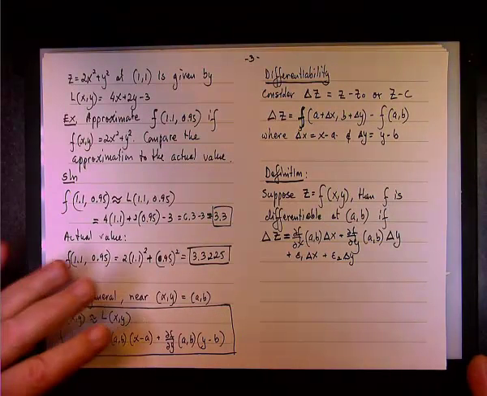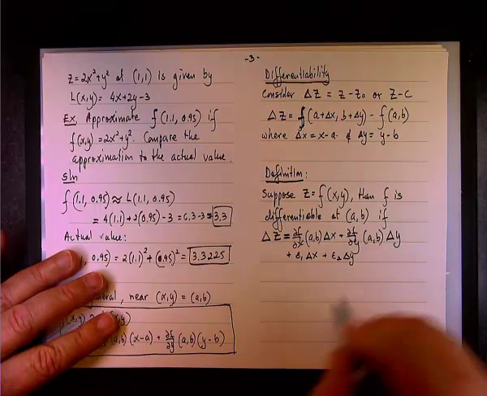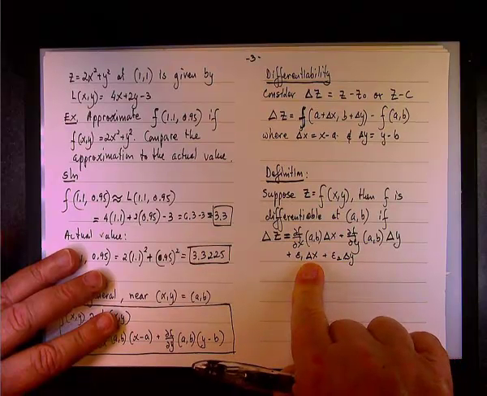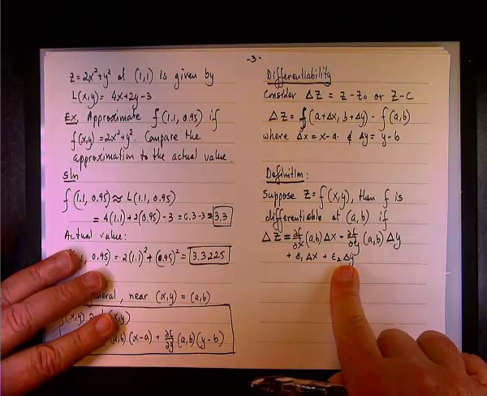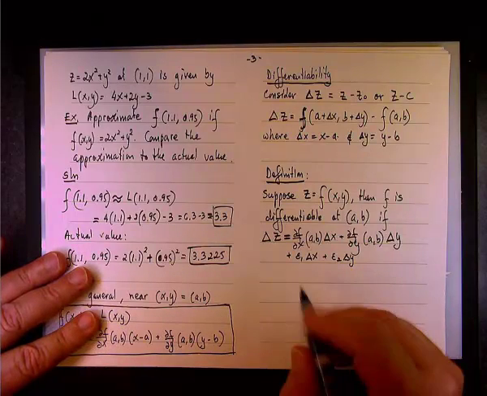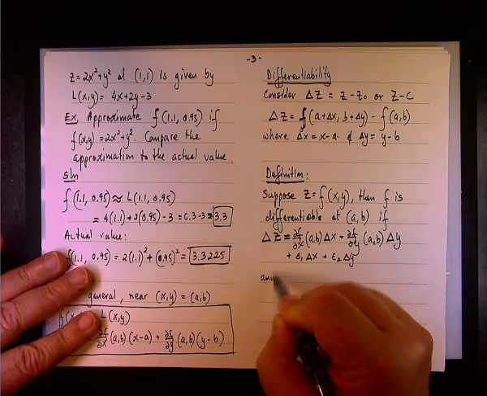This is not the same epsilon we use for the precise delta-epsilon definition. In this case, epsilon 1 is the error caused by delta x, and epsilon 2 is the error caused by delta y.